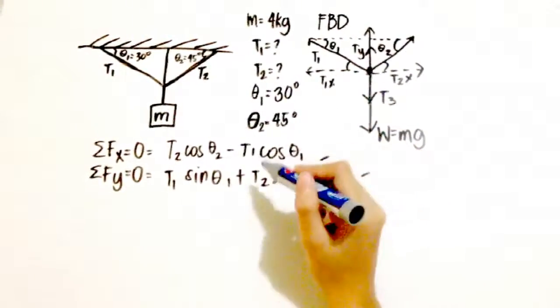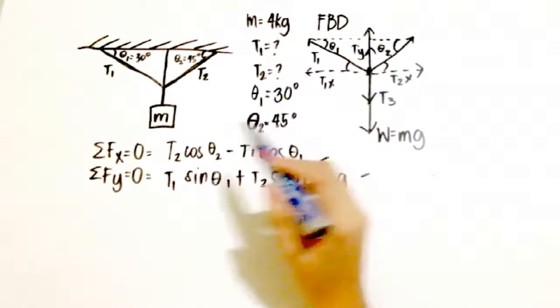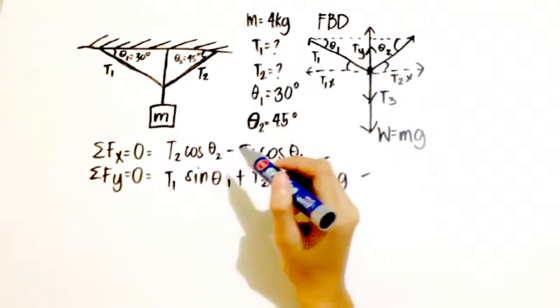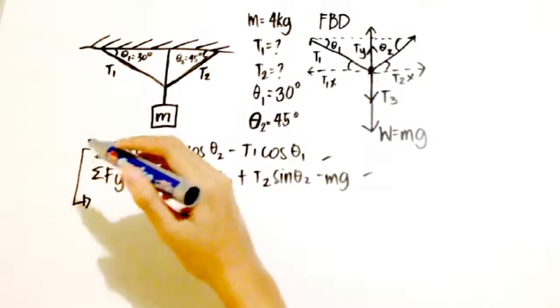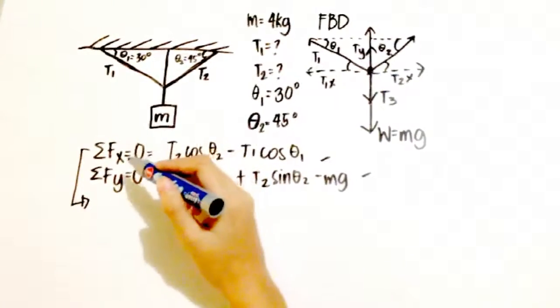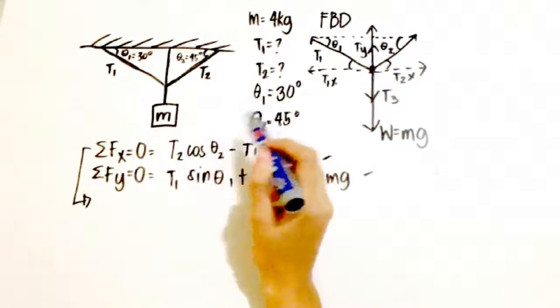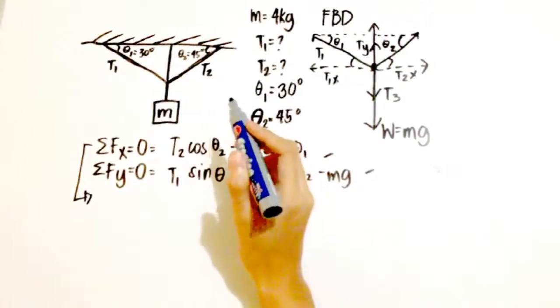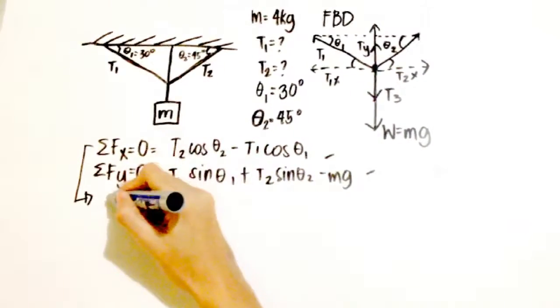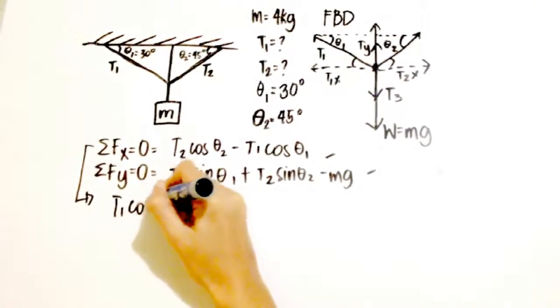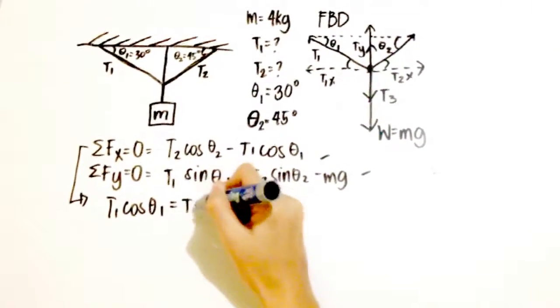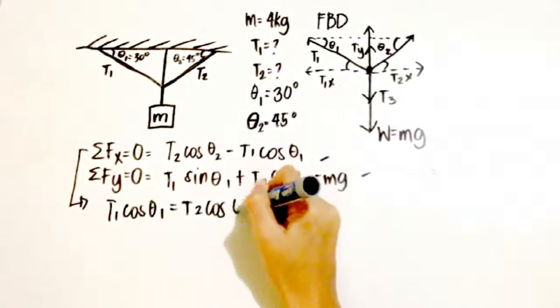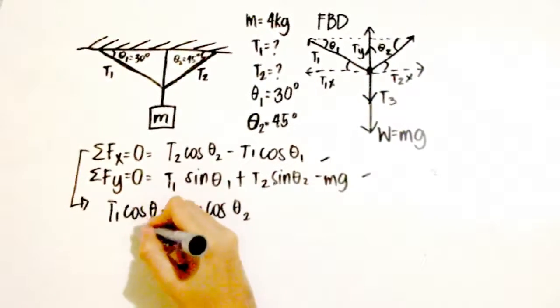So let's go ahead now on solving the first equation. For us to get the tension 1, let's move this one on the side and eliminate 0, so we can have the answer on tension 1. So T1 times cosine theta 1 is equal to T2 cosine theta 2.